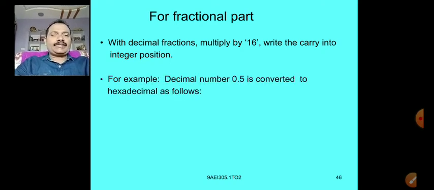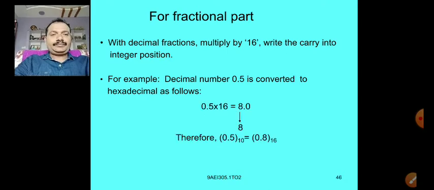For example, decimal number 0.5 is converted to hexadecimal as follows: 0.5 times 16 is 8.0. 8 is the integer part, and 0.0 is the fractional part.